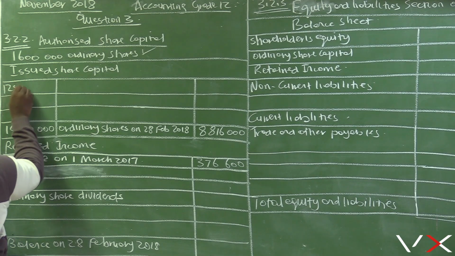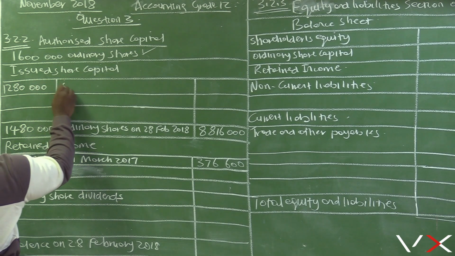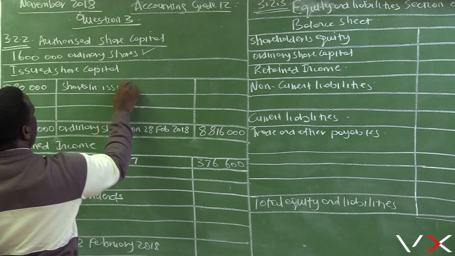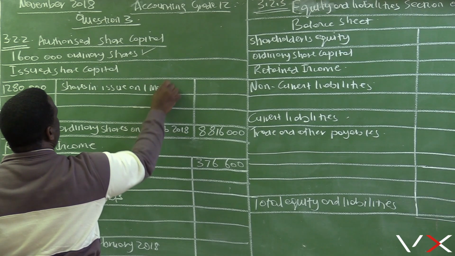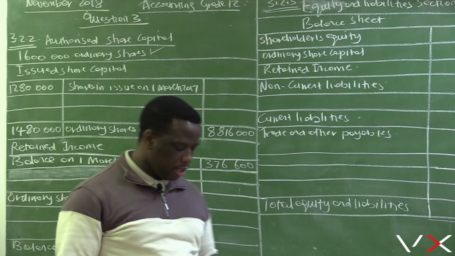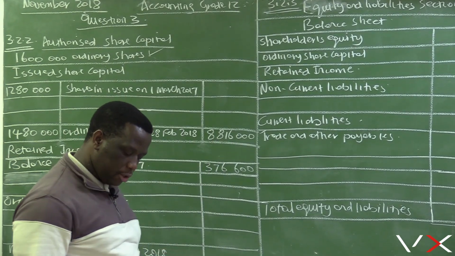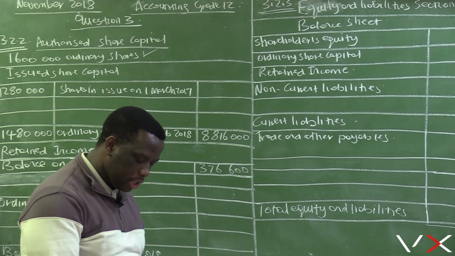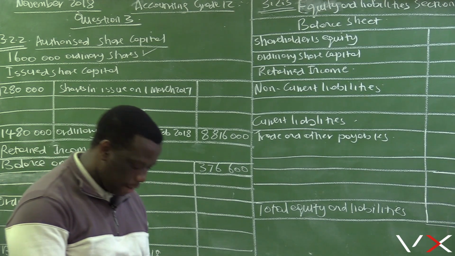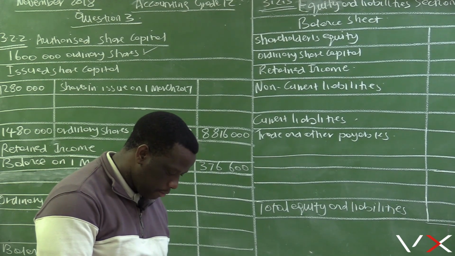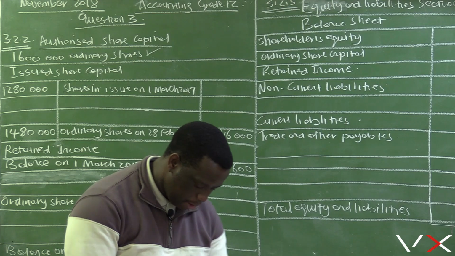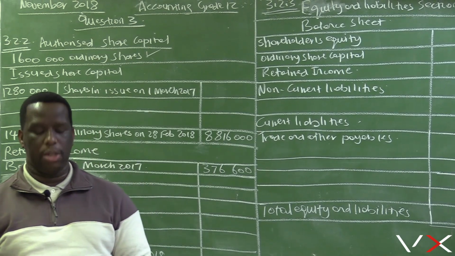So 1,280,000 shares in issue on 1 March 2017. These are the shares in issue at the beginning. We are told that it is 80% of the shares, so if the authorized share capital is 1,600,000, if you multiply that by 80%, then the number of shares in issue at the beginning of the accounting period is 1,280,000.